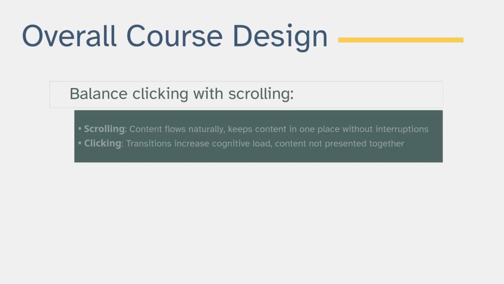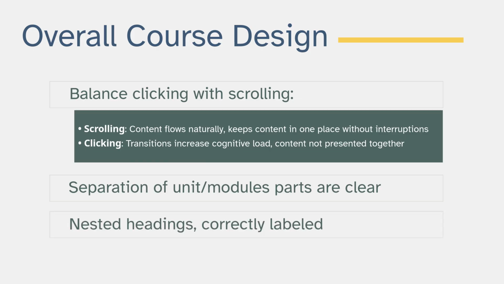When designing an online course, it's important to find the right balance between clicking and scrolling. Scrolling works well when information flows naturally and stays in one place. Scrolling also gives the content a social media feel and it's more mobile-friendly. But too much scrolling can feel overwhelming if the page becomes too long.